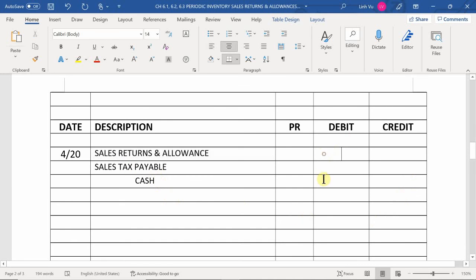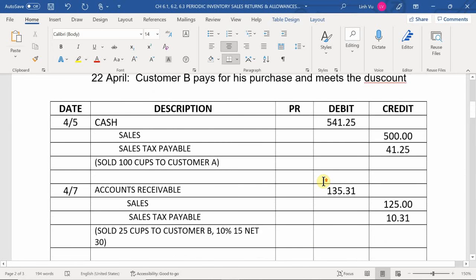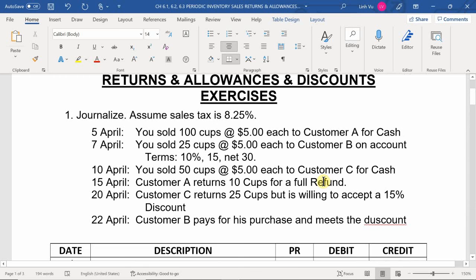Now in this case, am I giving a full refund? No, I'm only giving a 15% discount. So how much is my discount for? 125 multiplied by 15%, which gives you 18.75. Good.